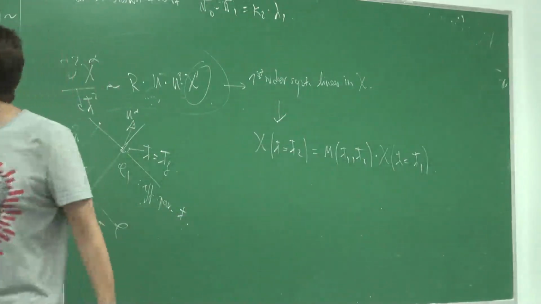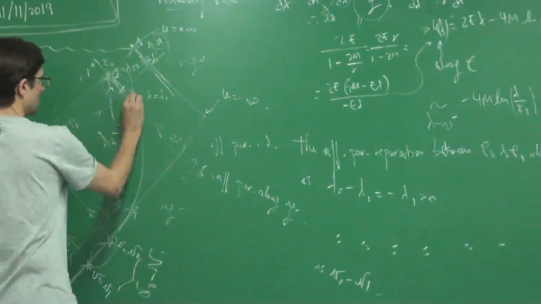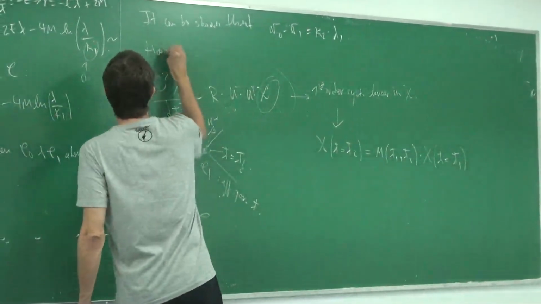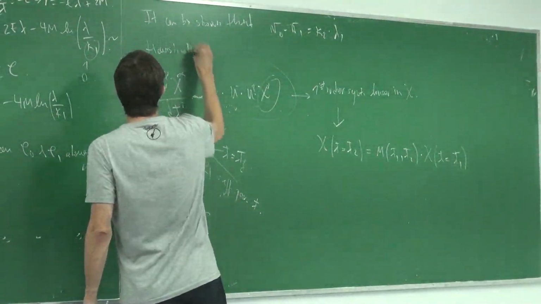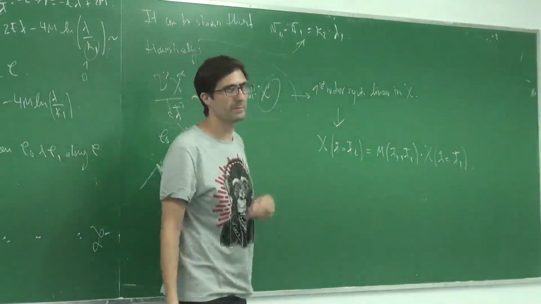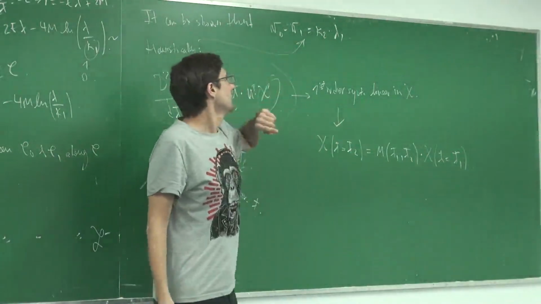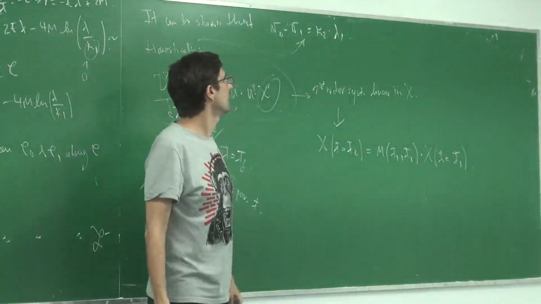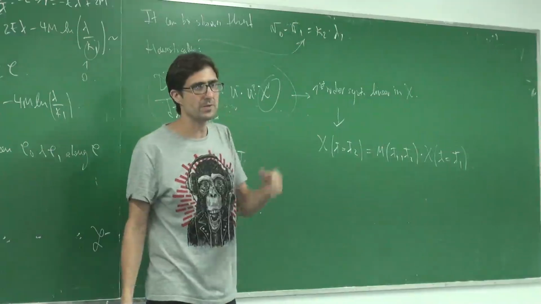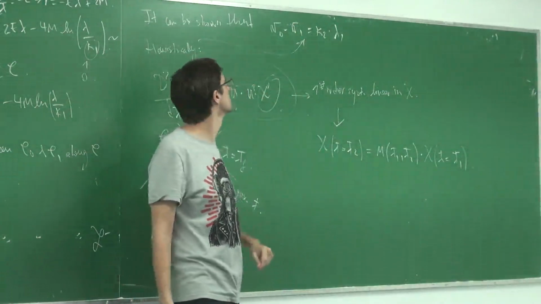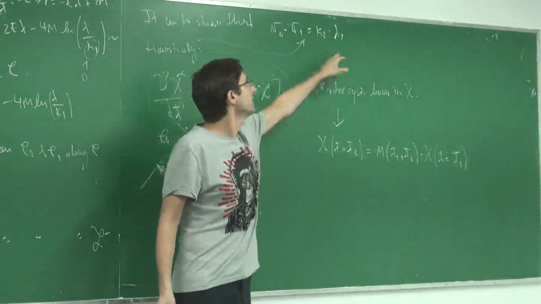Now you can apply this between here and here, which is what I'm doing. The affine parameter separation between C0 and C1 at some point is just linearly related to the affine parameter separation between C0 and C1 at some other state.